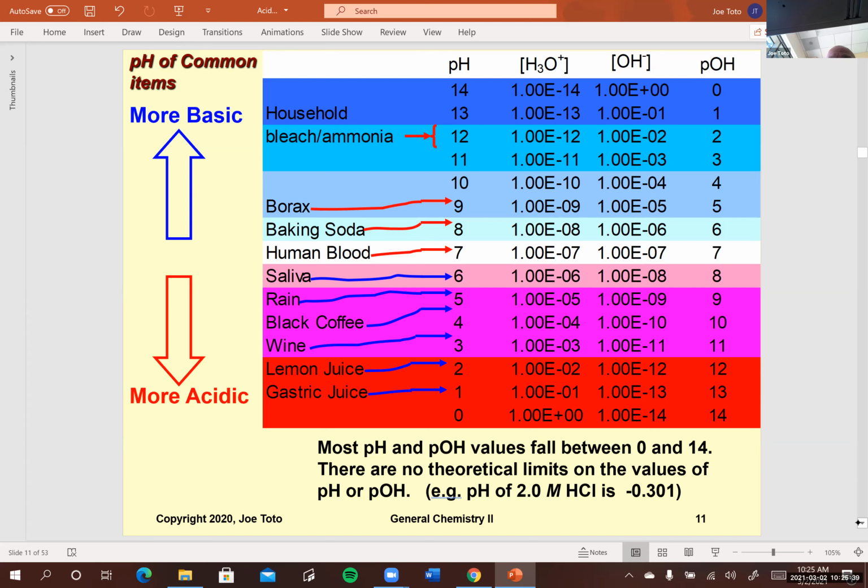In fact, in some situations, like 2 molar HCl, you can have a pH that's negative. And there's no reason why you can't have a pH that's above 14. This is just most of the common compounds and things that we find around are in that range from 0 to 14. And here are some of those common acids and bases that you might find around the house and so forth.